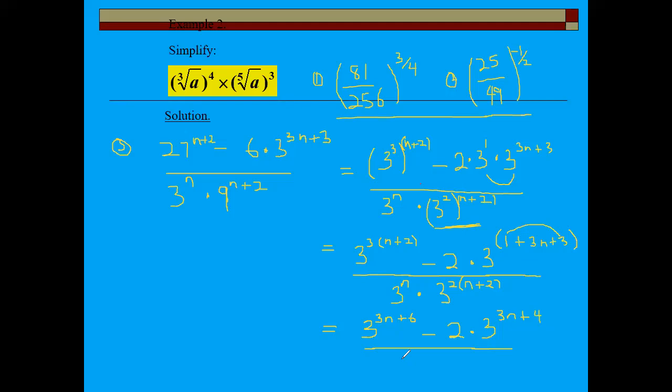This will give us 3. So 3 raised to the power n times 3 raised to the power 2n plus 4.